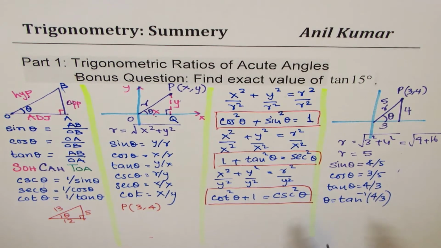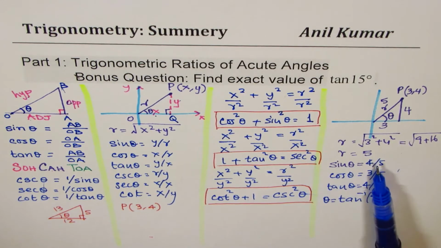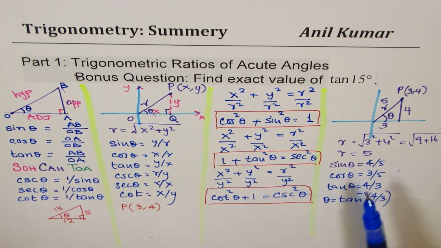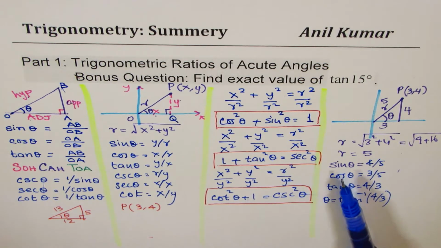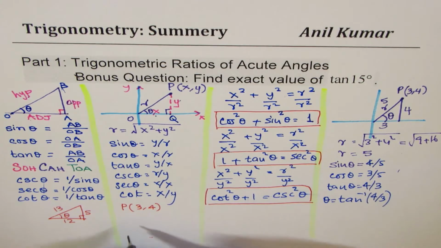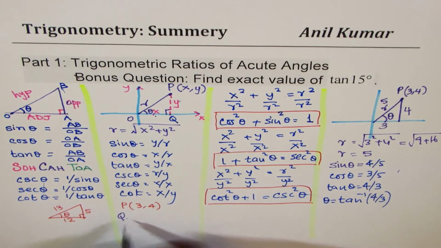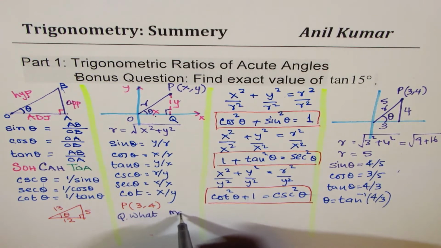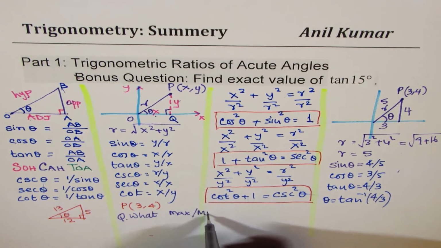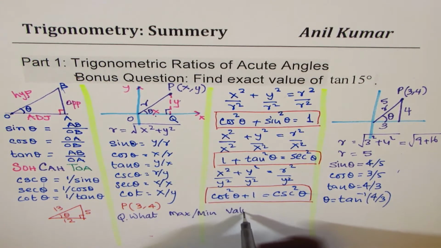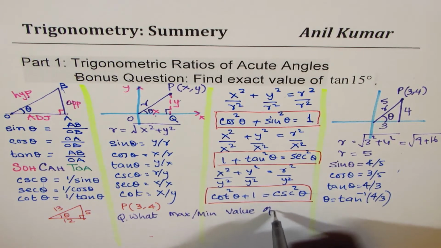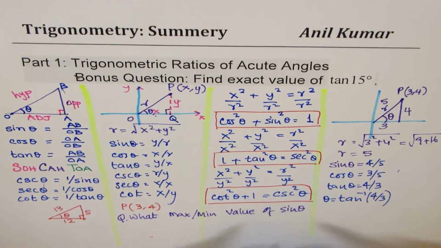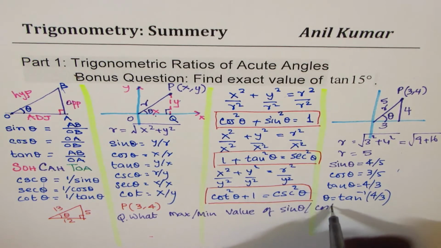Right? So these ratios will give you a number, and as you can see from here, what is the maximum and minimum value of each ratio? So let that be a question for you. A question for you here is, what is the maximum and minimum value of sine theta or cos theta?